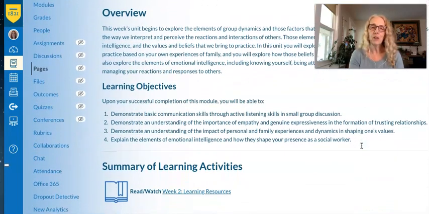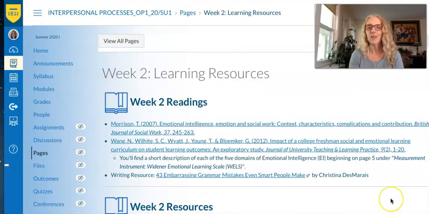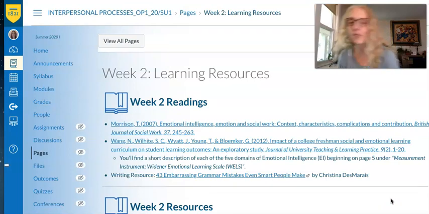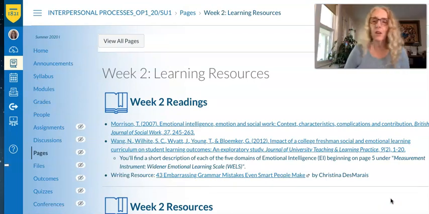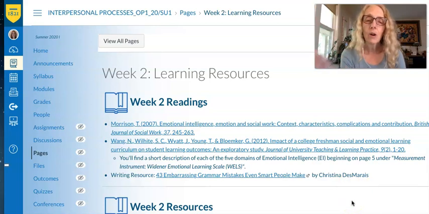Introduction and the learning objectives for this class. Normally, unless you're really interested, you don't generally need to go there every week. Here is the reading. The Morrison and Wang articles are articles you are going to be using in the emotional intelligence paper.